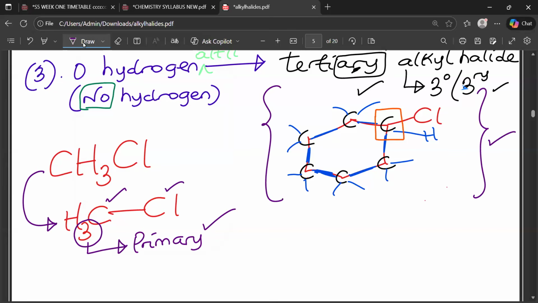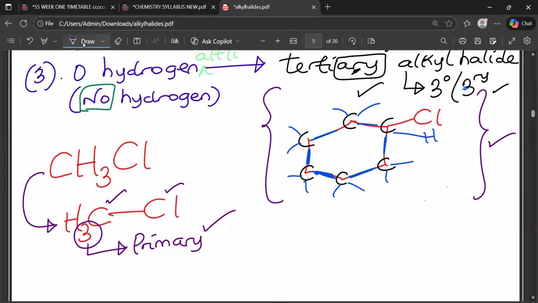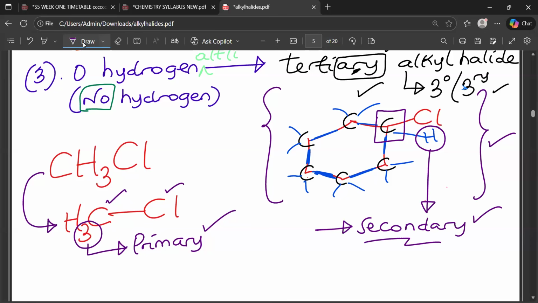The carbon that has the Cl or Br or I is here, and it is having only one hydrogen. So because it's having only one hydrogen, we call it secondary. So I think you see that this one is easier, where you just look at how many hydrogens the carbon having the functional group has. And that is all. So are we good to go?